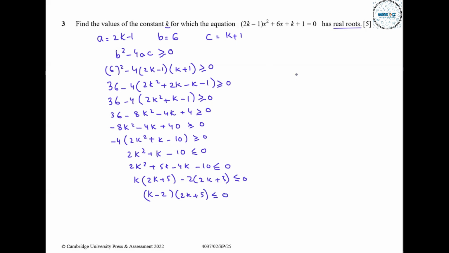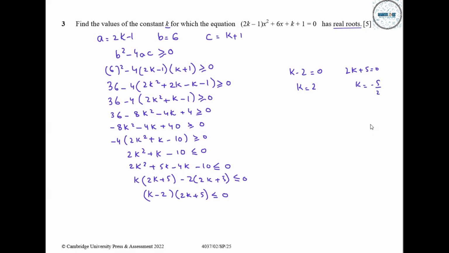Now we'll take out critical values by equating k minus 2 to 0 and 2k plus 5 to 0. So we have here k is equal to 2 and k is equal to minus 5 upon 2.